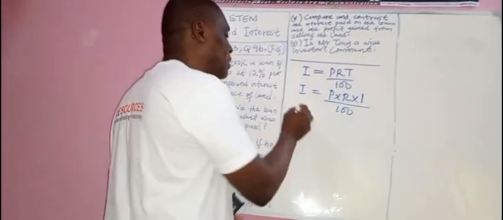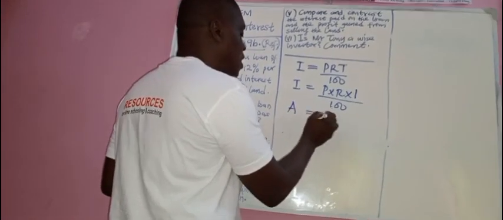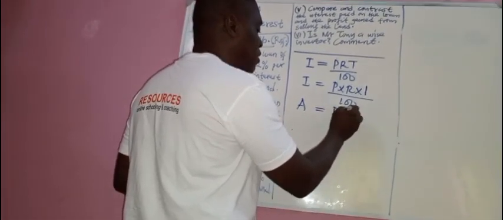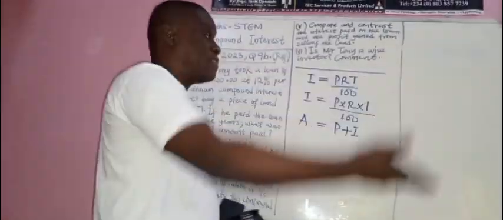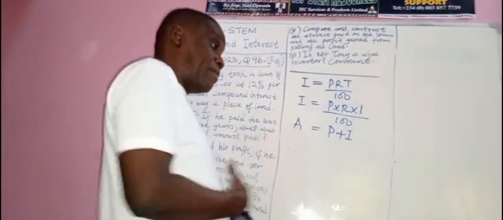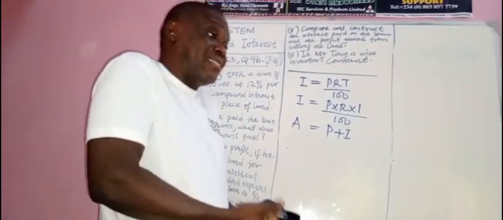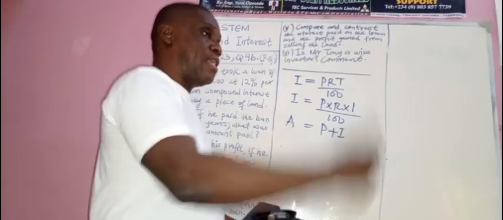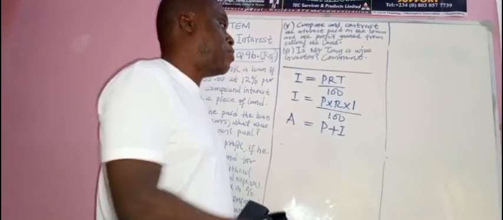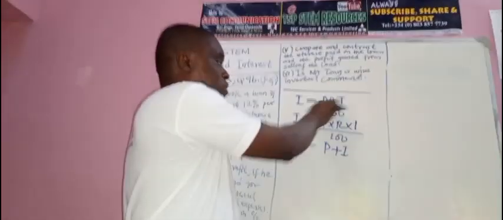So then you need to also know that amount equals principal plus interest. The amount is the total amount at the end of the transaction. It has to do with the principal, which is the starting capital or the starting financial target, with the interest that is accruable, which you must have calculated based on this formula.